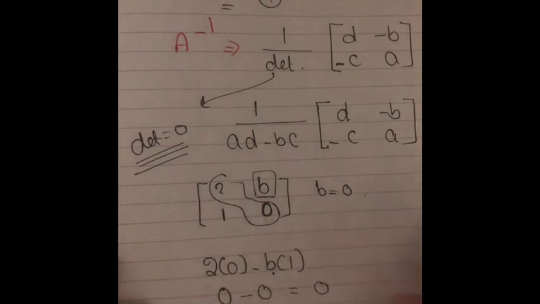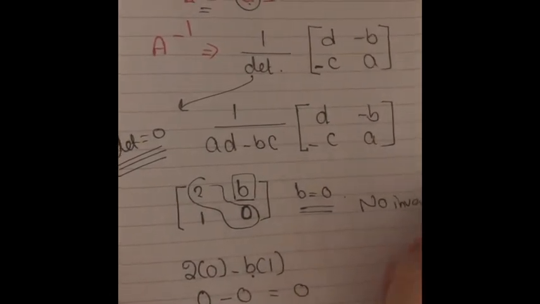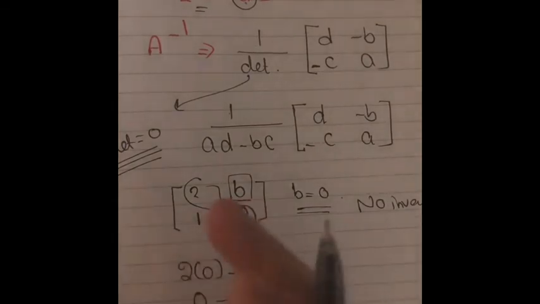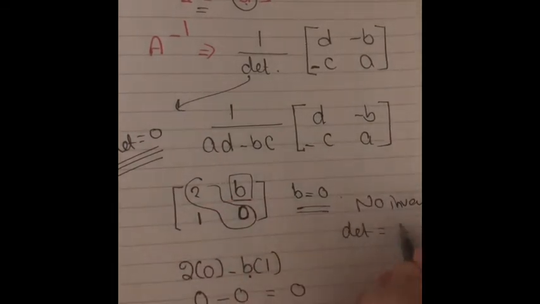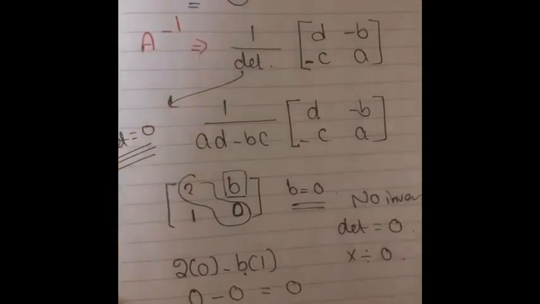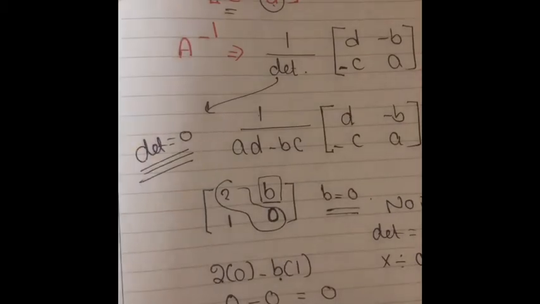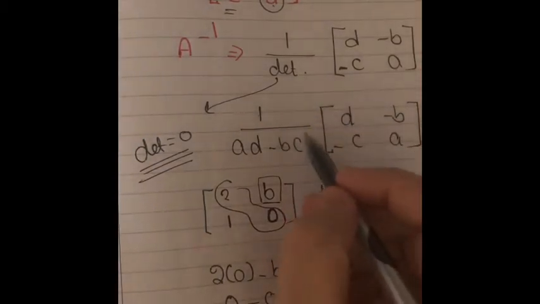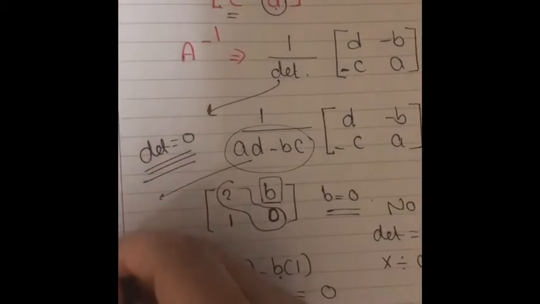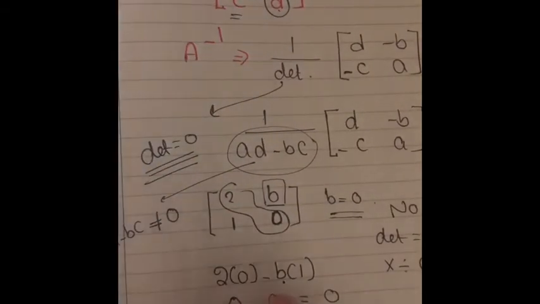So I would say b is equal to 0, then there's no inverse. And why is there no inverse? Because the determinant is equal to 0, and it's impossible to divide by 0. I saw this in your tests. Of course, the rule says it's written where ad minus bc is not equal to 0.